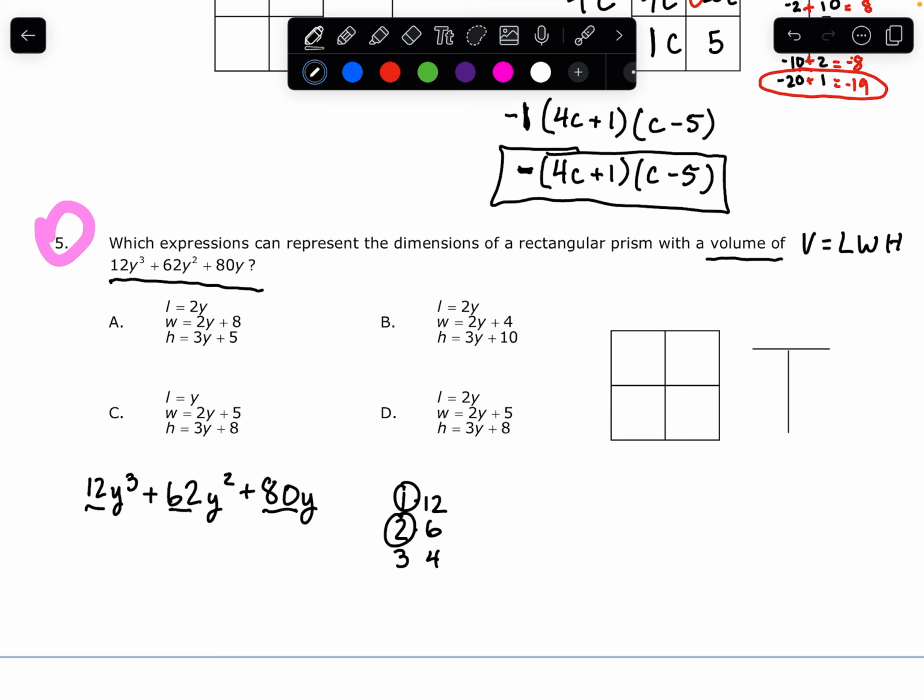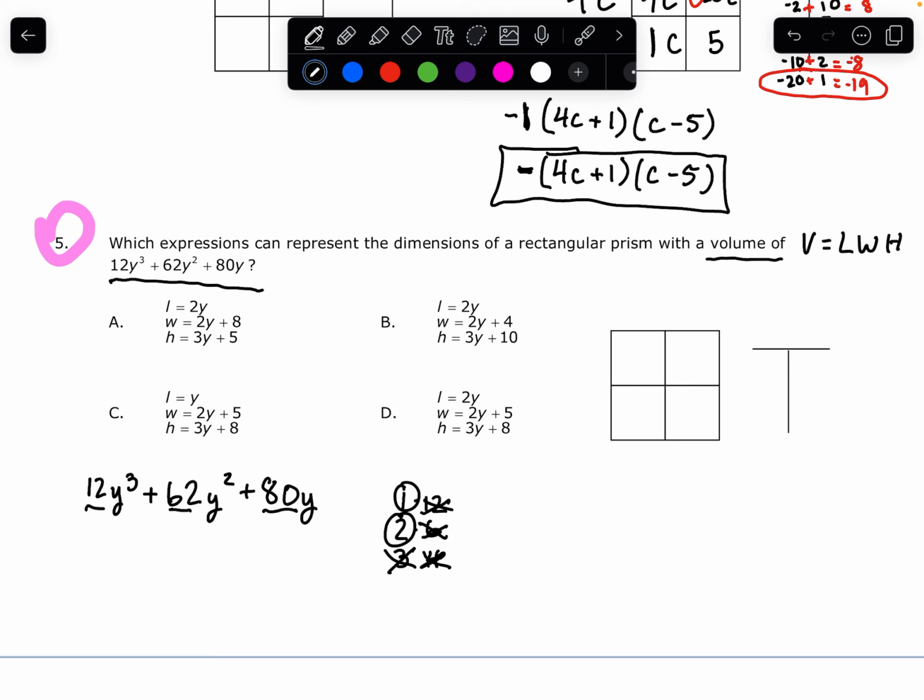If I try the first one of 62 divided by 3, that can't work, so it's not 3. 62 divided by 4 can't work, so I don't have to worry about 80. 62 divided by 6, that also can't work. 62 divided by 12, that also can't work.